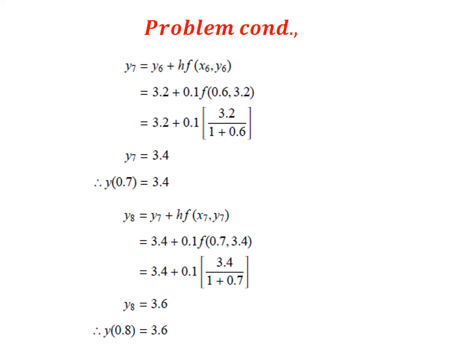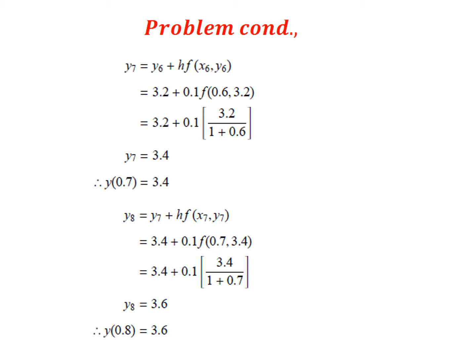Now we move on to y7. Y7 is equal to y6 plus h into f of x6 comma y6. I substitute all those things here. I will get this form, and for finding this f value, I'm using given f of x comma y. After simplification gives y7 value, that is y of 0.7 value is 3.4.